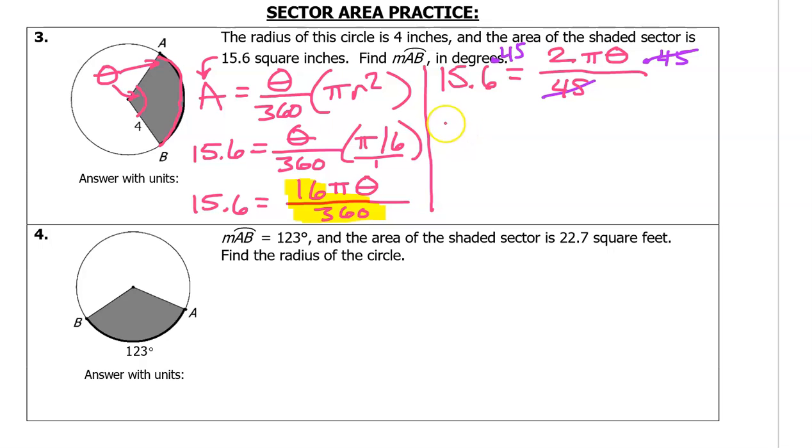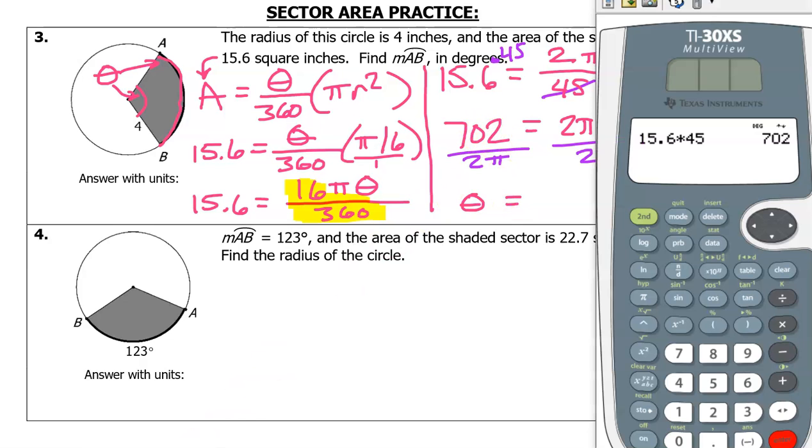That's nice. So I have 702 is equal to 2 pi theta. In order to get theta by itself, we need to divide both sides by 2 pi. And this will give us the final answer. So we will have theta equals whatever this is.